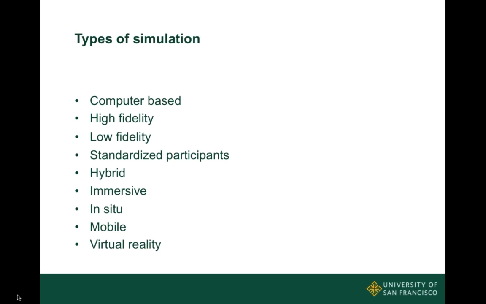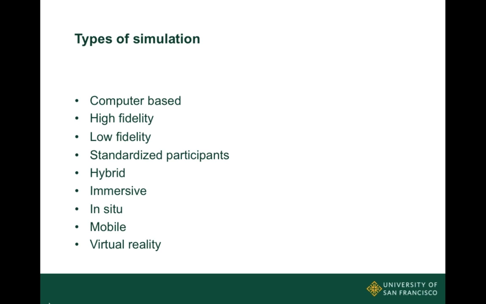These are people who are hired or volunteer their services to act like a real patient, and they're scripted to allow students to ask them questions and examine them. They can also be used as actors, as a family member, or another role in a simulation.